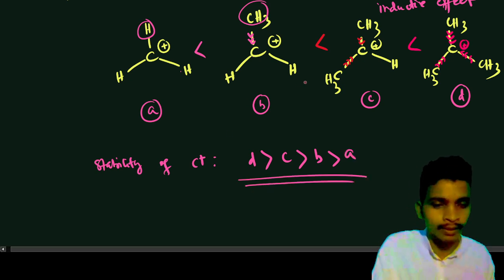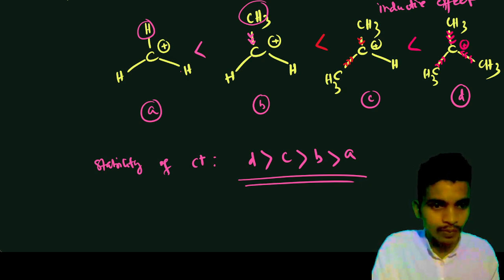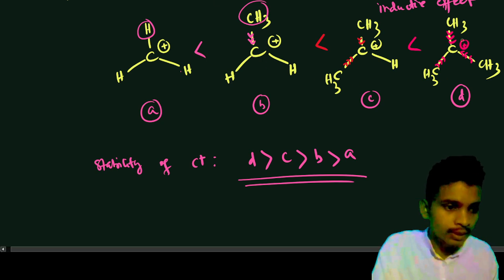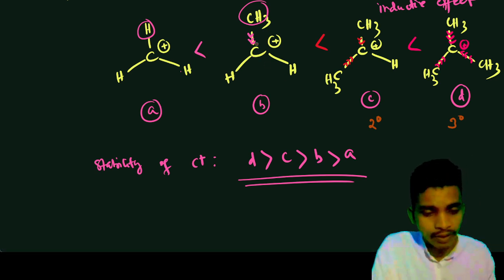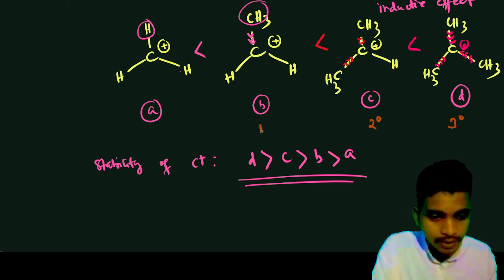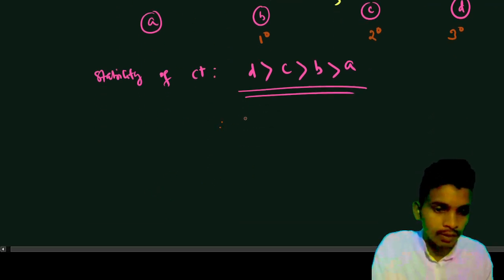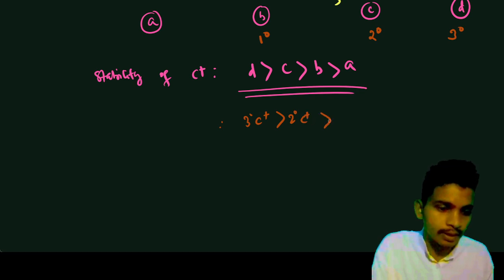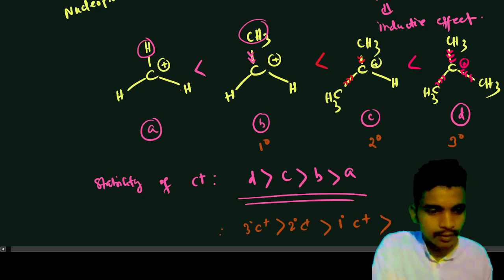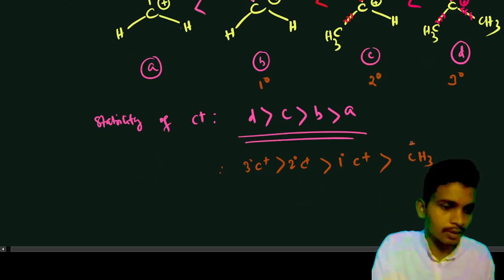This type of carbocation, where three carbon atoms are attached, is called a 3-degree carbocation. Whenever two carbons are there, we say 2-degree carbocation, and whenever one CH3 group is there, we say 1-degree carbocation. So the 3-degree carbocation is more stable than the 2-degree, then the 1-degree, and then simply the CH3 carbocation.